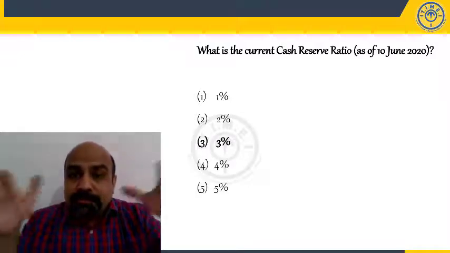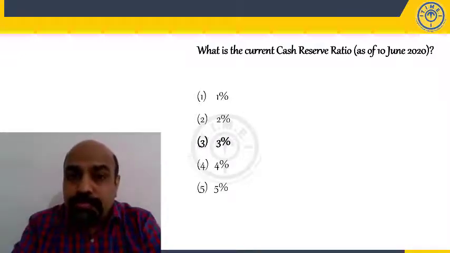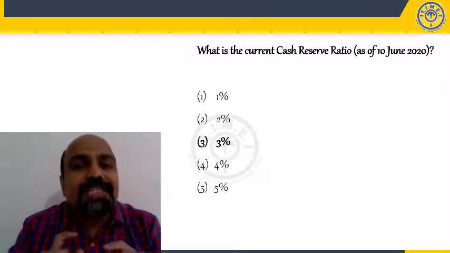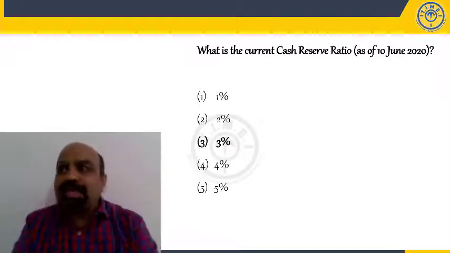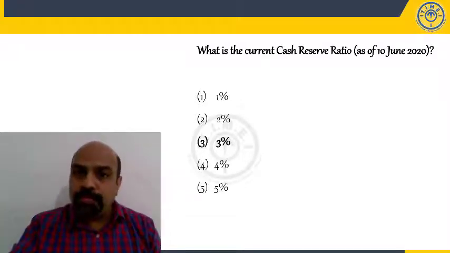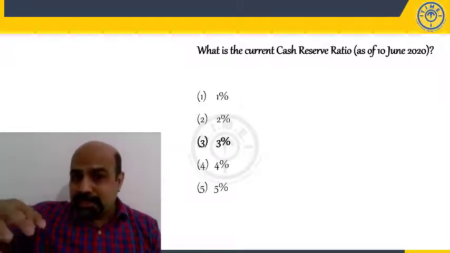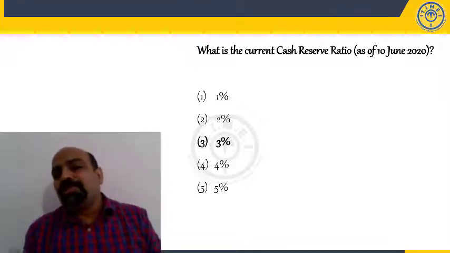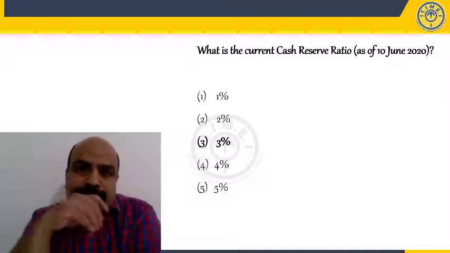They decrease. When interest rates decrease, would you save or spend? You would spend. You would borrow money, buy a bike, a mobile phone, a washing machine, a home. Because interest rates have decreased, the burden on you has decreased. So you borrow, you spend.